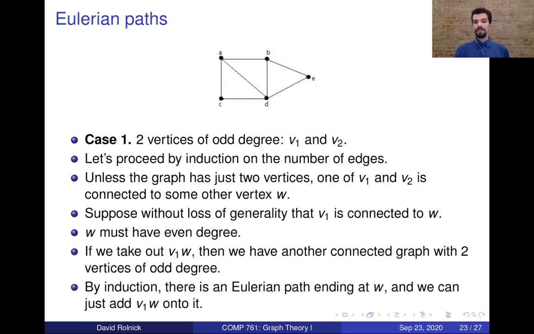That means that by induction, there is an Eulerian path between w and v2, which are the 2 vertices of odd degree, and we can just add v1 w onto it. Done. We have to do a base case if we're being careful, but I'm going to skip the base case. It's just a very simple graph, just P2.